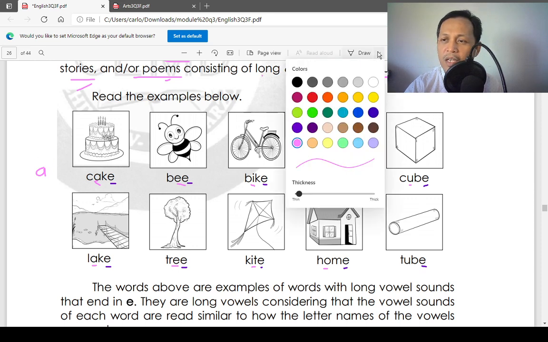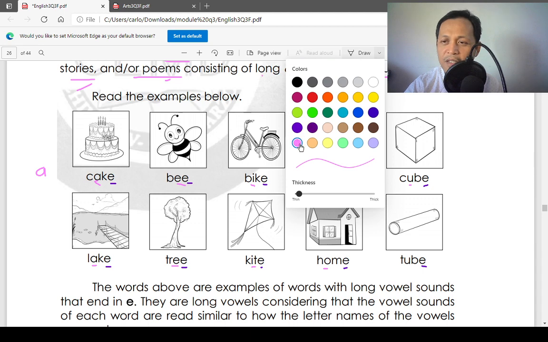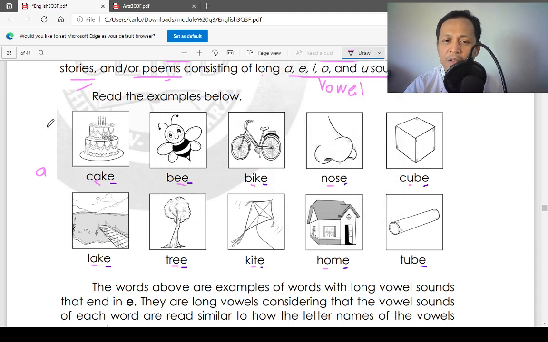Please take note that the vowel A had a long sound, as in cake.